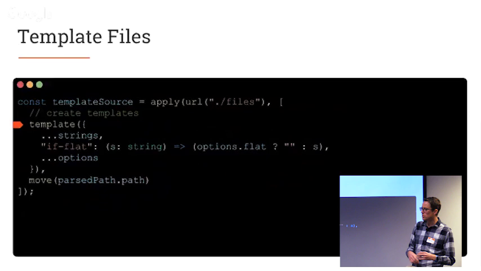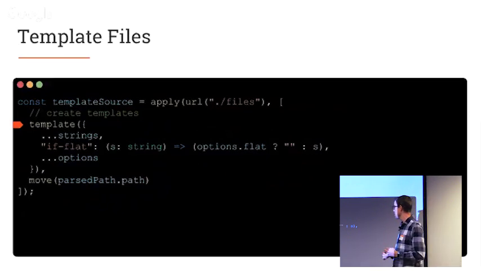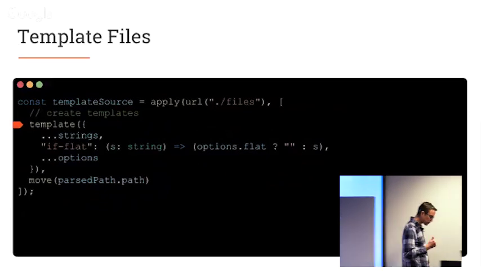I think maybe there's the if is in there. There's a couple other functions that you can use inside your template, and we'll take a quick look at that. And then we want to spread out our options. Those are the options that the user specified, and that we created in the beginning of this. So that's what we do.